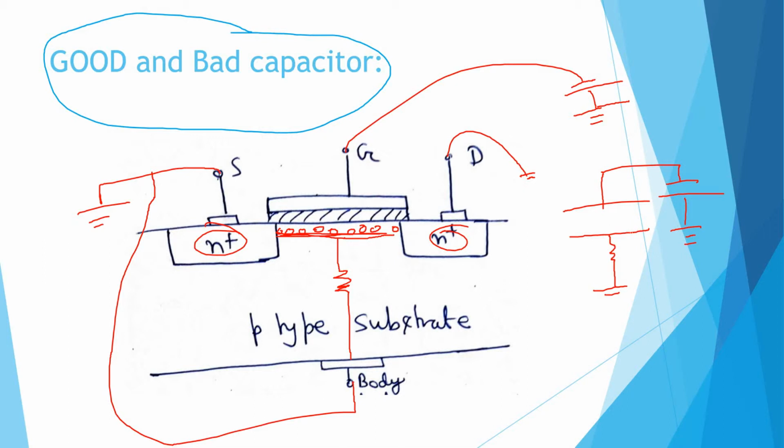So we are getting the capacitor, but there is also a series parasitic resistor which is making this setup a bad capacitor. Our intention is to use the MOSFET as a capacitor, not a capacitor along with a resistor. So if we want to use the MOSFET as a capacitor, this is not going to be a good option, because there is an inbuilt resistor along with it.